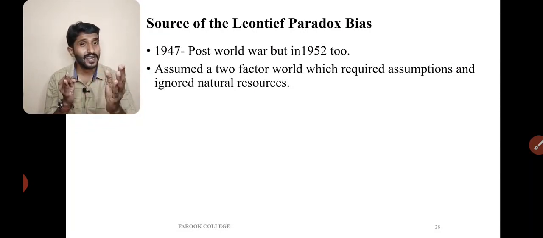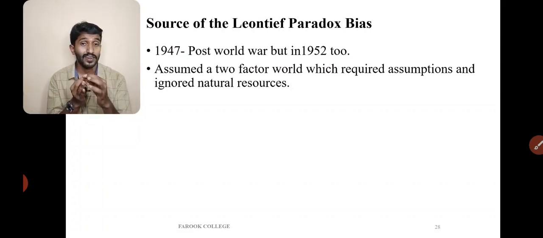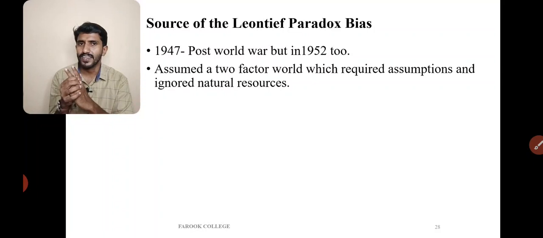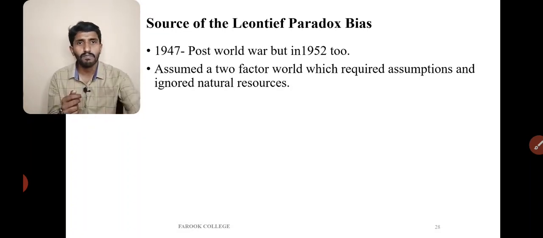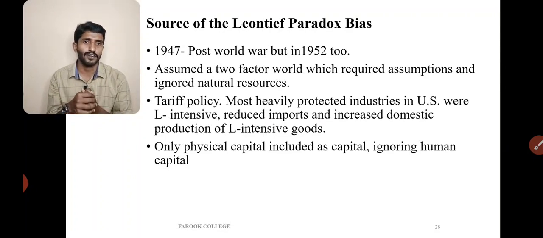They didn't consider any other factors like land or natural resources. That's why they are saying that HO theory holds true, because they are considering only two factors. And in the Leontief paradox also, Leontief used only two factors and didn't consider any other factors. That's why there is a paradox. It is a good explanation for that.